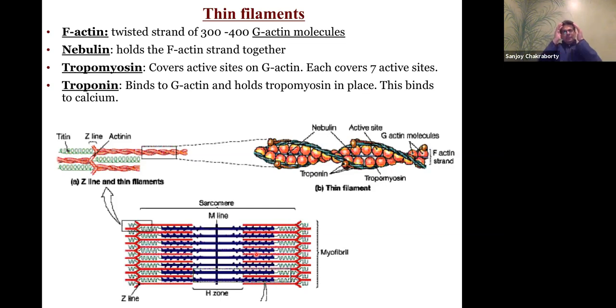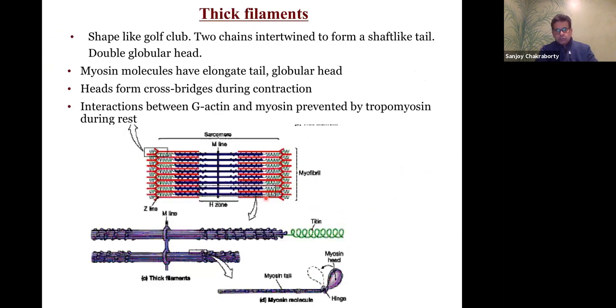So basically, the G-actin, the globular actin in this picture right here, has an active site which is covered by tropomyosin, and troponin is keeping tropomyosin in place. The myosin head is this, right underneath it.